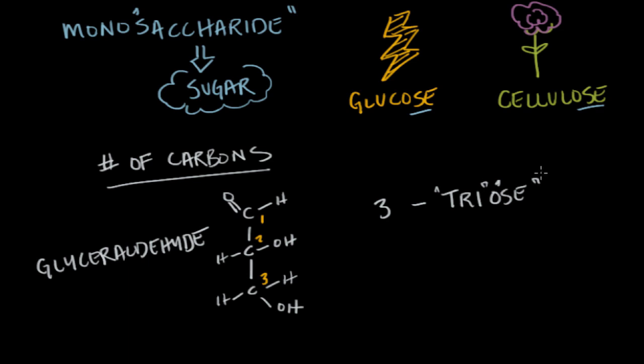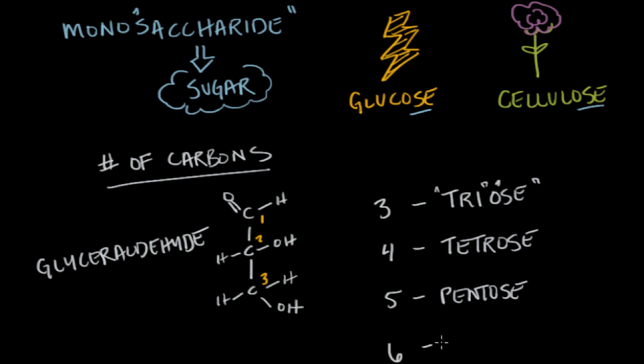If we added a 4th carbon, we would call it a tetrose. Then if we add a 5th carbon, that would be a pentose, pentose for 5. And if we added an additional carbon, we would have 6 carbons, and that would give us a hexose, hex being the prefix for 6.